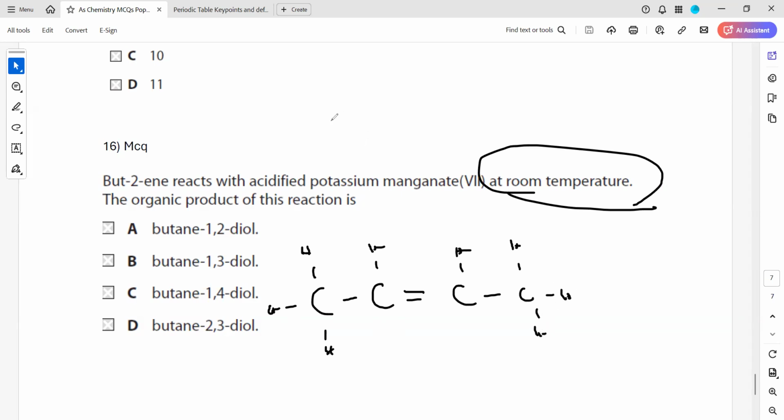It has a tendency to form a diol at room temperature. The double bond will break, an OH will be attached here, and another OH will be attached here. So when we count 1, 2, 3, 4, it is butane-2,3-diol.